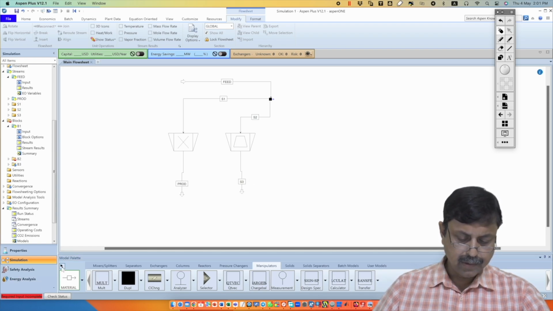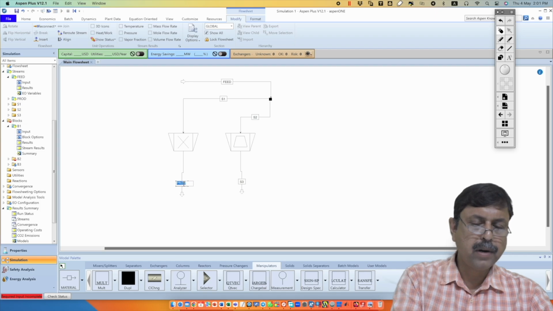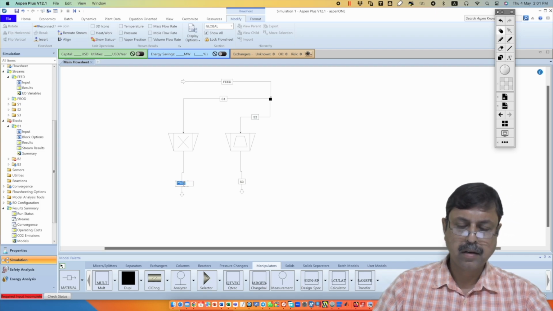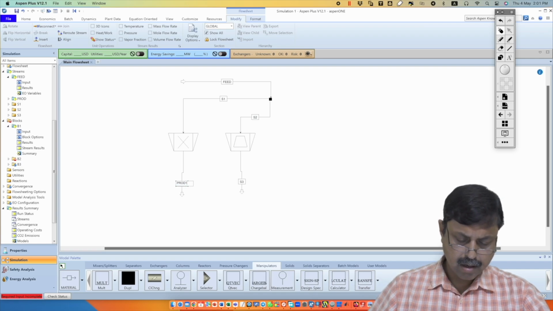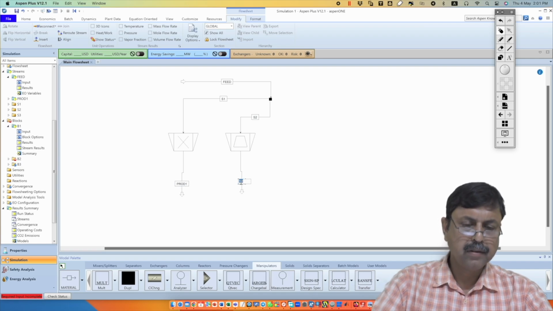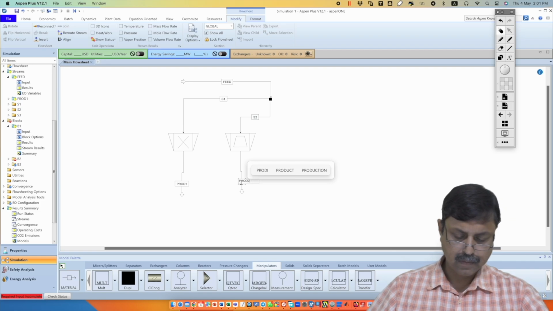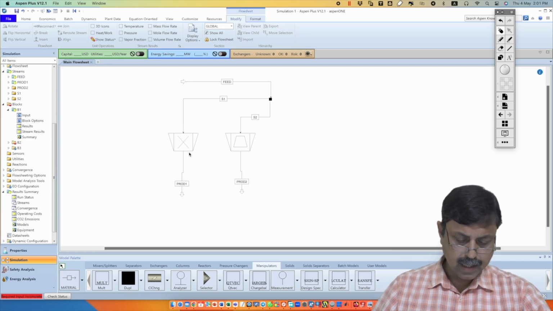Okay, so let us rename it as product 1 and let us rename it as product 2. Okay, now we have to specify the second crusher.